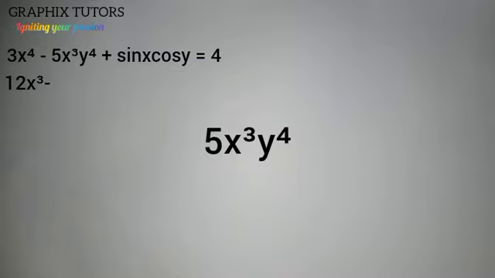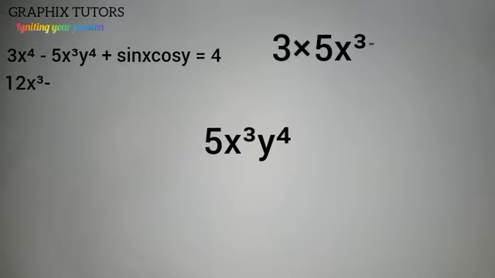5x cubed times y to the power of 4. Now, if you notice this, we have two different variables associated in this problem. So how can I differentiate this? That takes us to the product rule in differentiation. Let me give you an easy way out. You differentiate 5x cubed. What will you have?